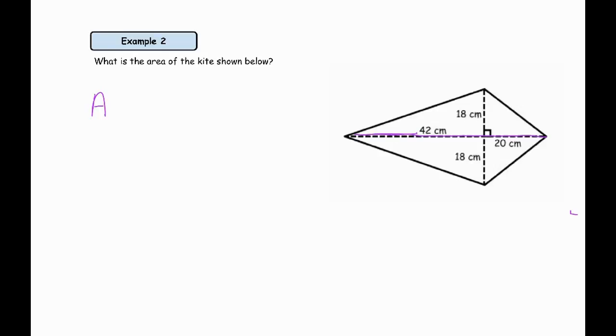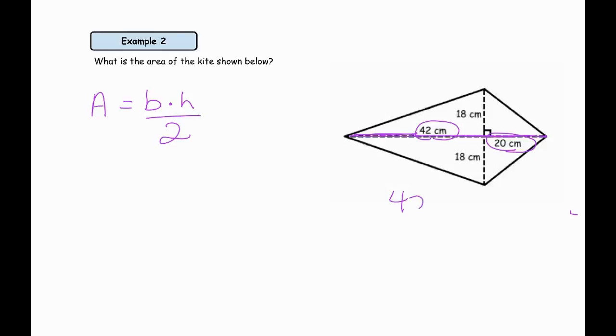So we do know from lesson 2 that we can find the area of a triangle by multiplying its base times its height and dividing that by 2. So let's go ahead and identify our base and height of the triangles we see. So basically, the base of this triangle is shown as I draw this purple line, and so I see the base is formed by this 42 centimeters and this 20 centimeters.